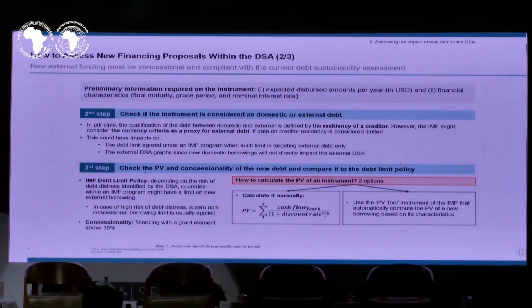Second step, you need to assess whether your new financing is considered domestic or external debt. Here, we look at the IMF definition of what is external debt and what is domestic debt. As Victor was mentioning, the IMF's primary definition is that if the residency of your creditor is external, then the debt is external.